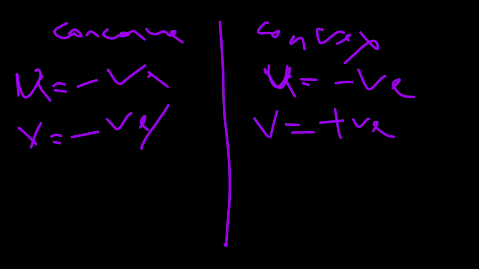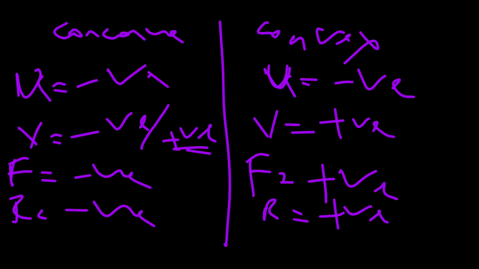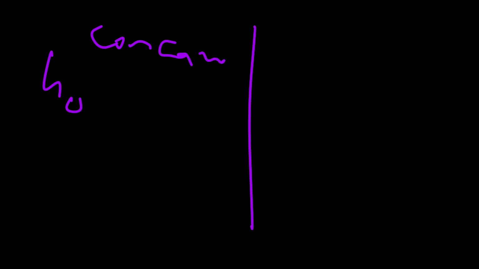Always negative for five cases, but in the final situation, we got a virtual and erect image, right? In that situation, it is positive. Let's see the focus. Focus is negative for concave, and positive for convex. Radius of curvature is negative for concave, and positive for convex.